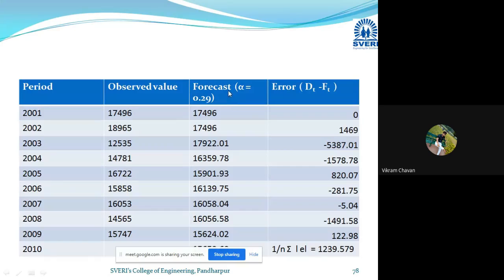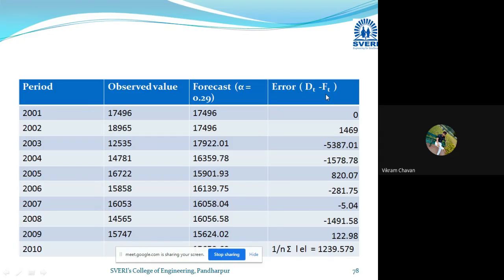Then next is forecast when alpha is equal to 0.29. Then the next column is error, that is actual demand minus forecasted demand.